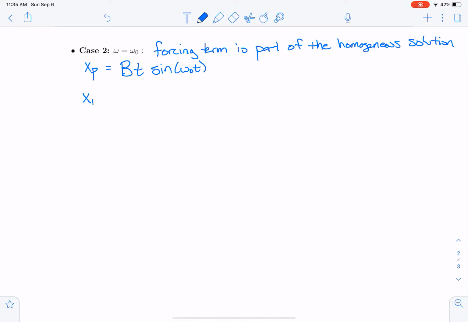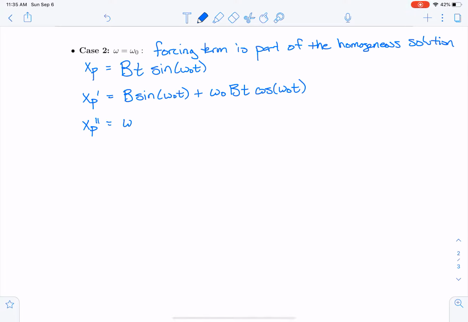So I will need to take the first derivative here using the product rule. So that's going to be b sine omega 0 t plus omega 0 bt cosine omega 0 t. I need to then find the second derivative.